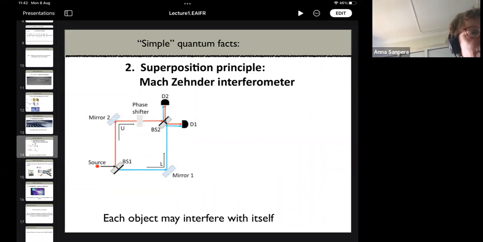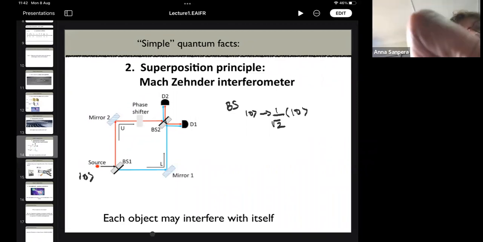So we have a beam splitter, and when we put in particles that I will call zero, because this is the standard thing, the beam splitter creates a superposition of paths, with a phase, although this is not so relevant.